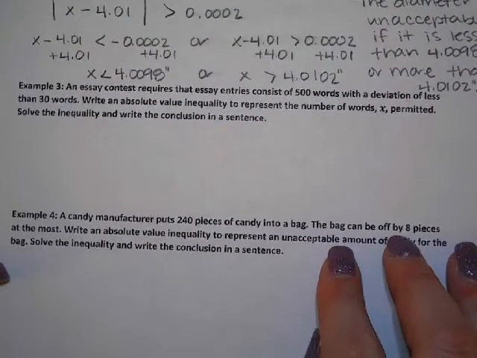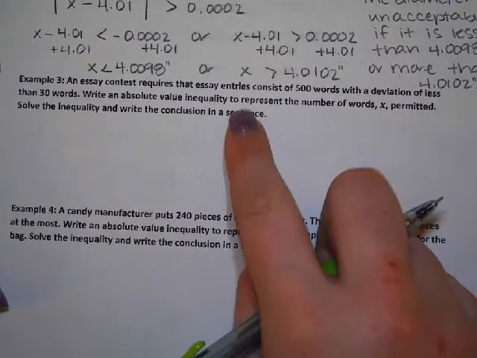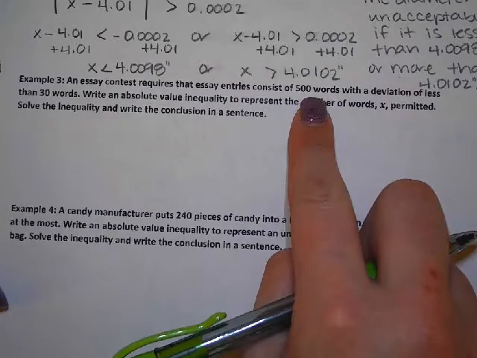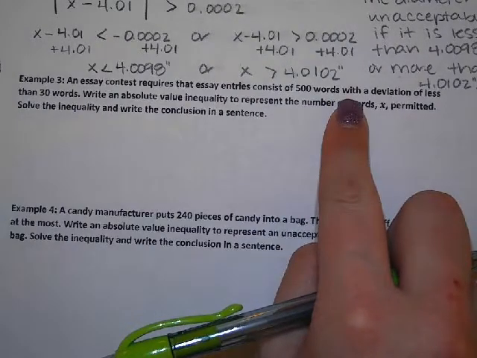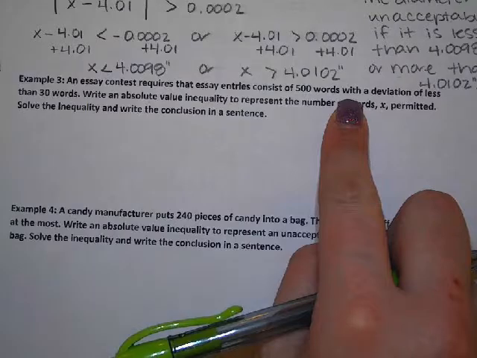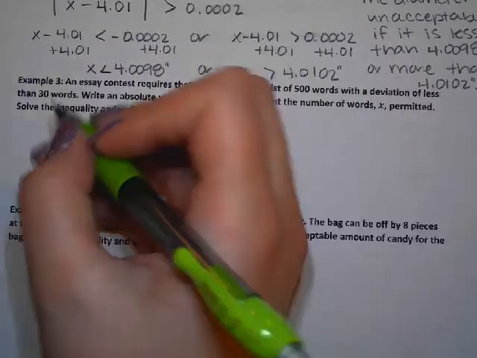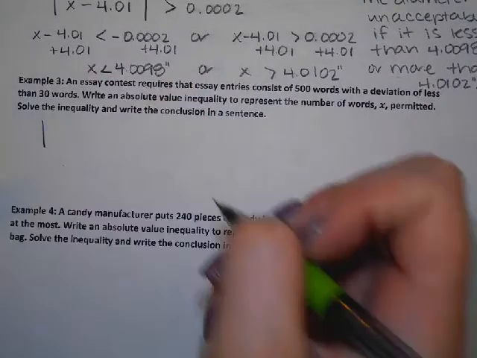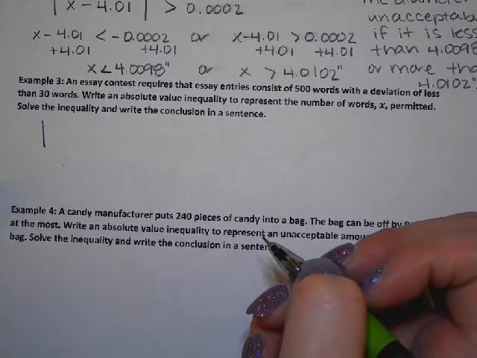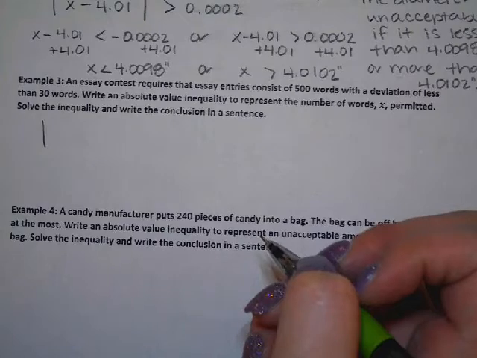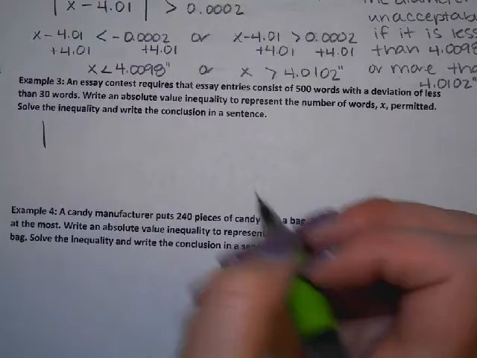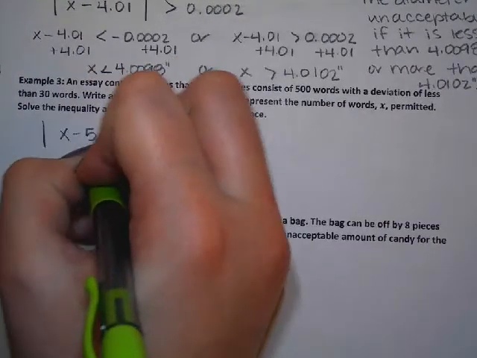An essay contest requires that essay entries consist of 500 words with a deviation of less than 30 words. And then we're going to write the absolute value inequality. So what's the goal? What's the value that would be like the perfect goal? 500. So we're going to say x minus 500.